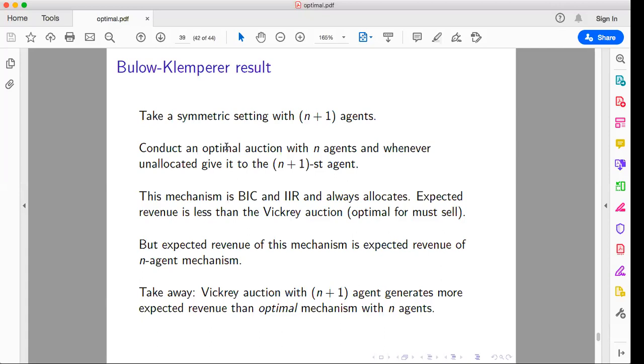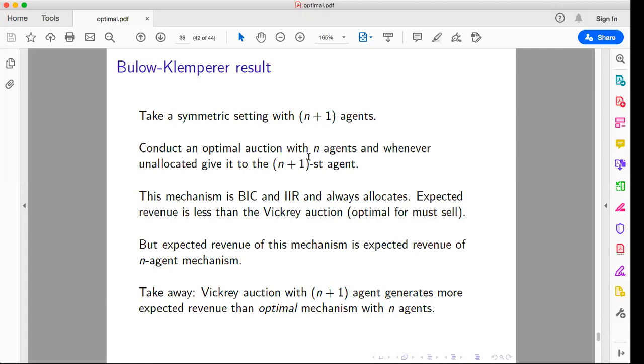So for the moment, think of this hypothetical setting where we conduct an optimal auction with n agents. But remember, an optimal auction with n agents will sometimes not allocate the object. In that case, whenever we don't allocate, we give the object for free to the n+1st agent.